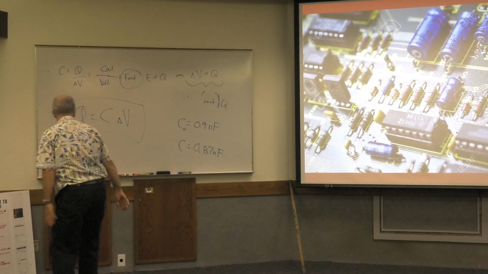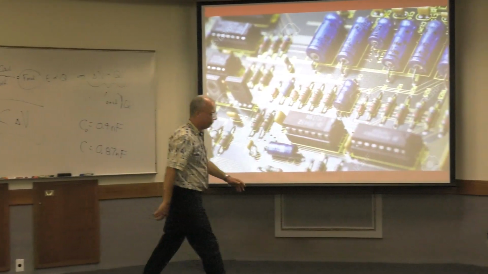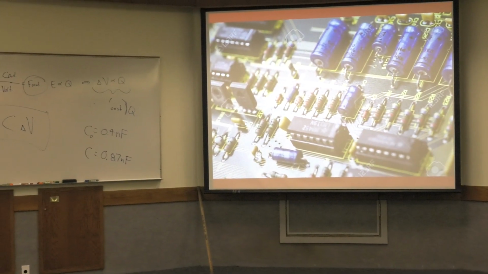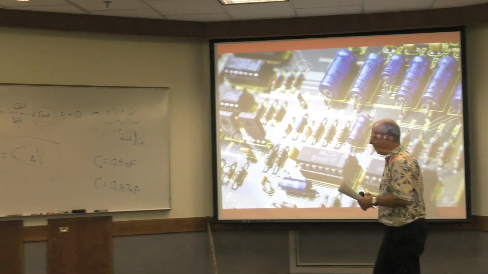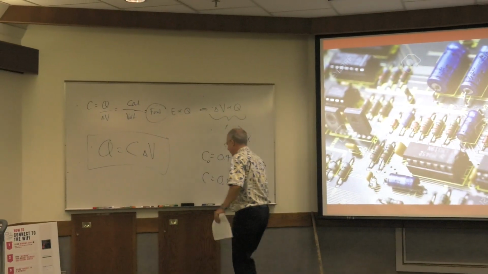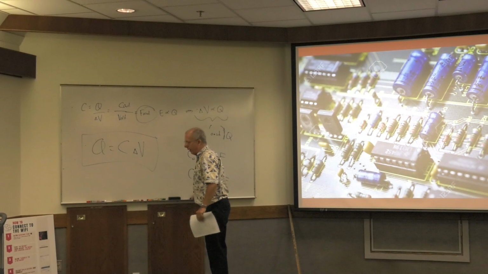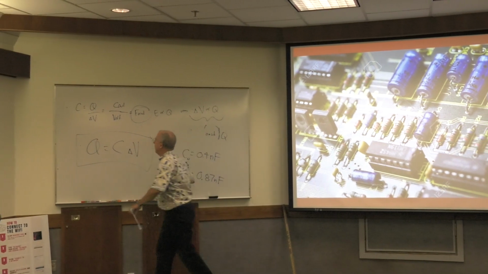Okay, so let's talk about that. So when you put something in between the plates of a capacitor, the thing that you put in between them is called a dielectric.